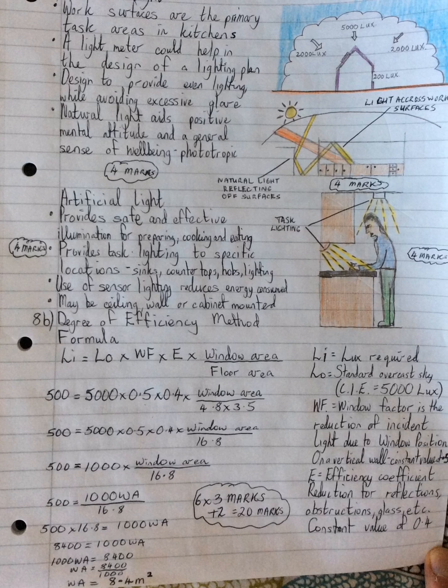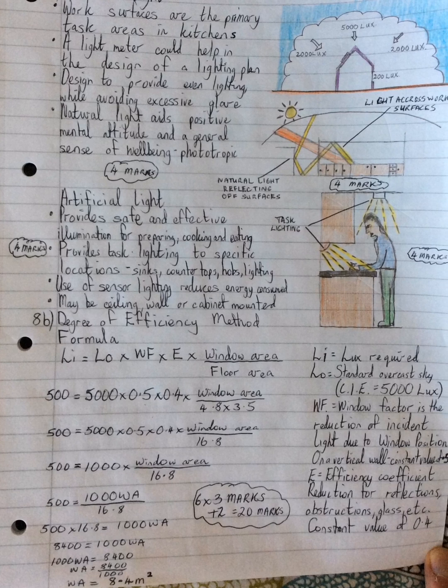Lo equals standard overcast sky, which we're given in the question, so we're assuming it's 5000 lux. Wf equals window factor, which is the reduction of incident light due to window position. On a vertical wall, it has a constant value of 0.5.